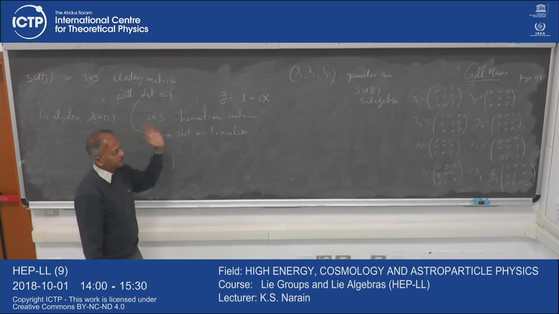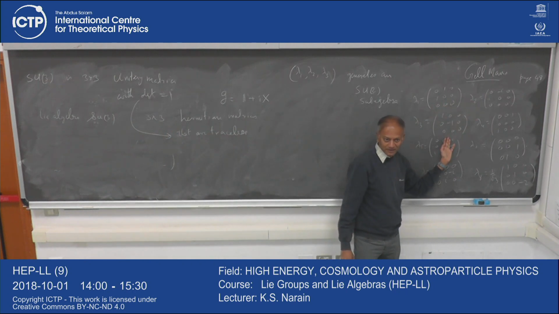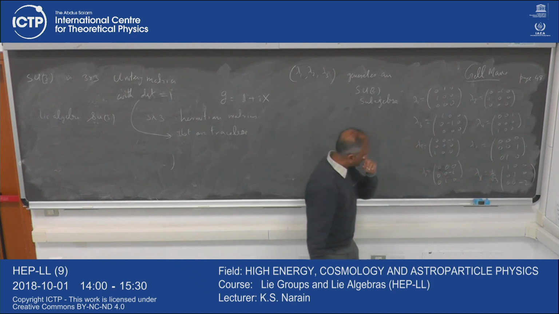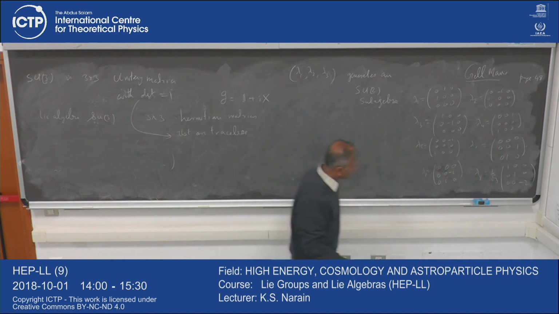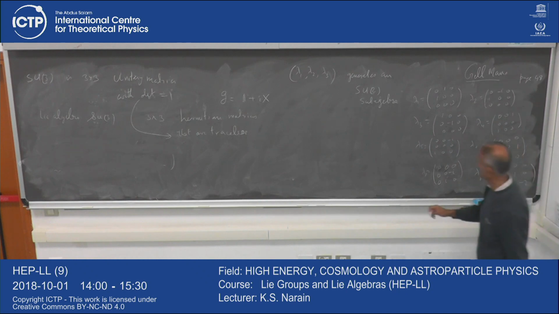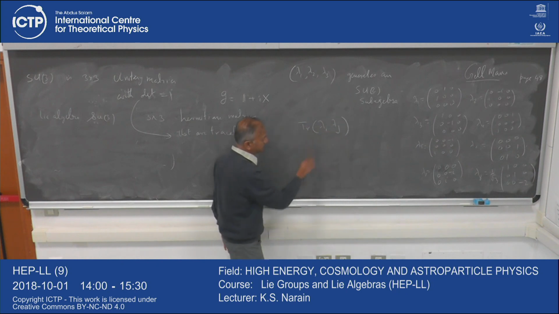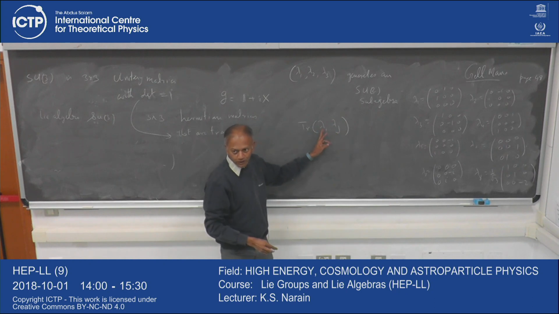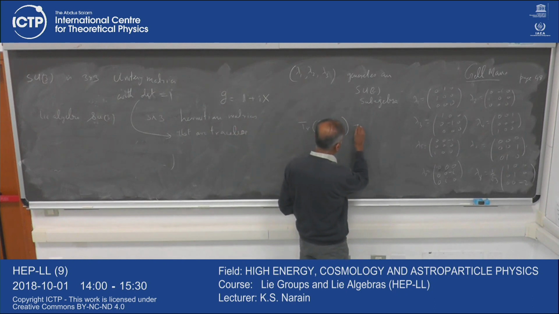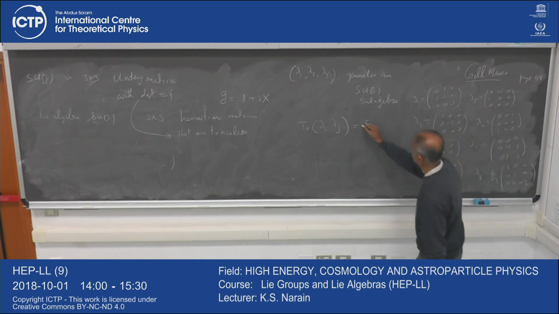Of course, whatever you have studied for SU2, you can apply to these three generators. But what about the remaining ones? Now, the way Gell-Mann chose these matrices, you can check that they satisfy a nice condition: the trace of lambda i times lambda j, not the commutator, this is a product, is proportional to delta ij, and it is 2 times delta ij.